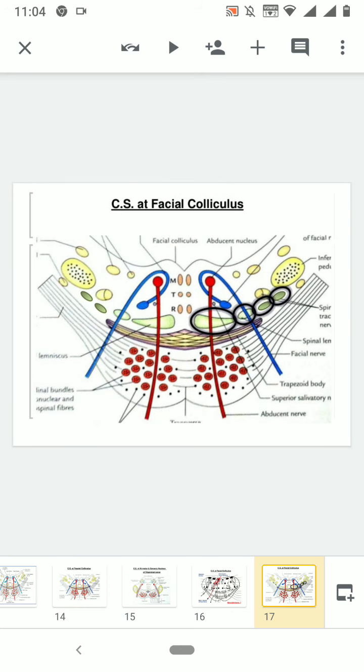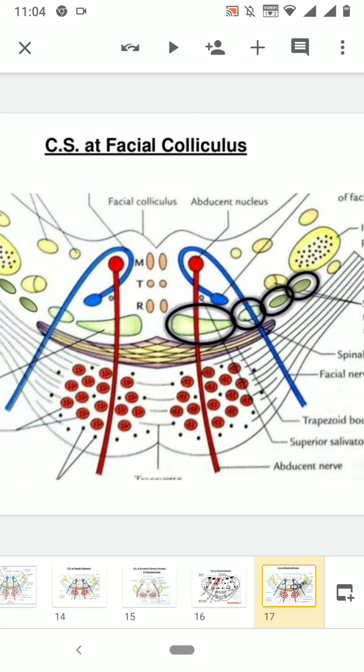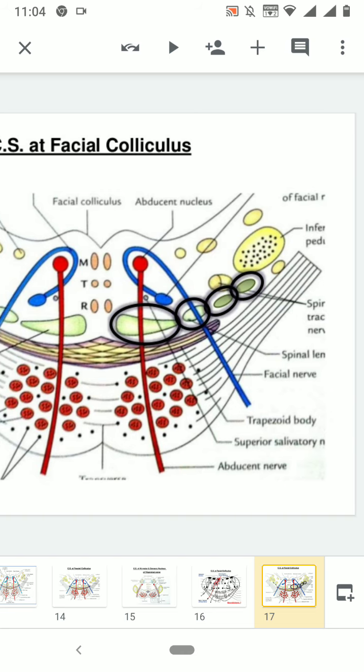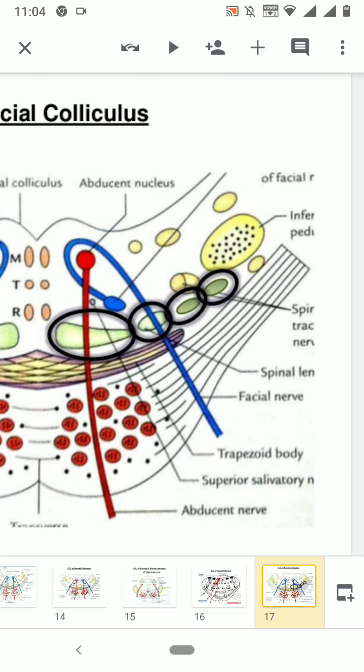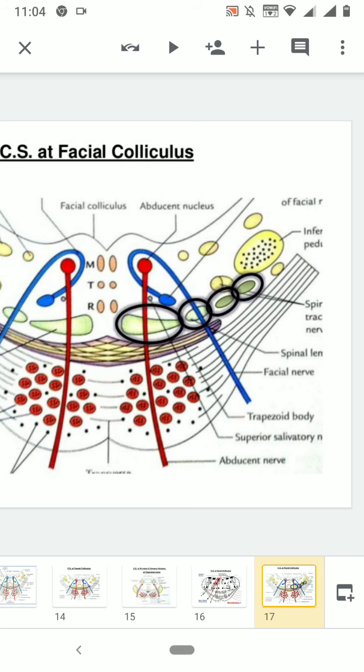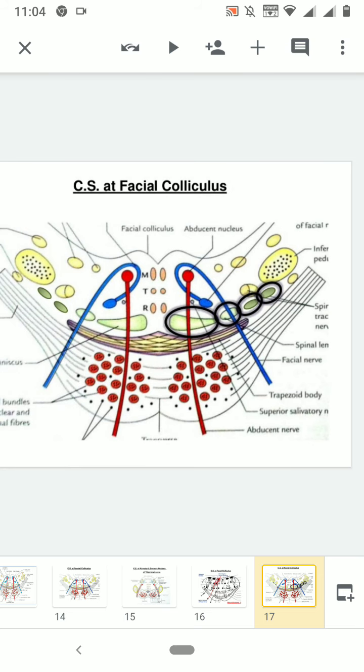Now here I have again circled all these tracts, which are all in green. You can see all these are sensory tracts. They are nothing but the medial lemniscus, the trigeminal lemniscus, the spinal lemniscus, and we also have the lateral lemniscus. All these lemnisci are nothing but sensory tracts. You know what the medial lemniscus is?